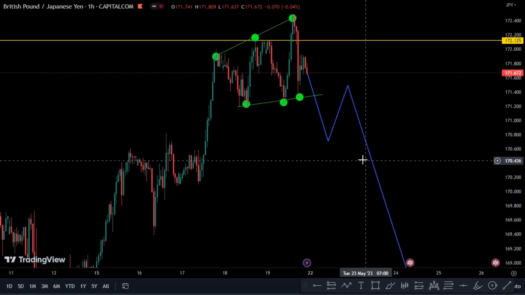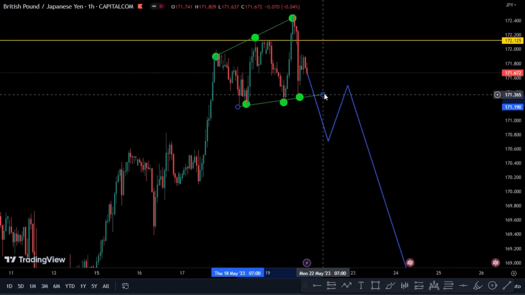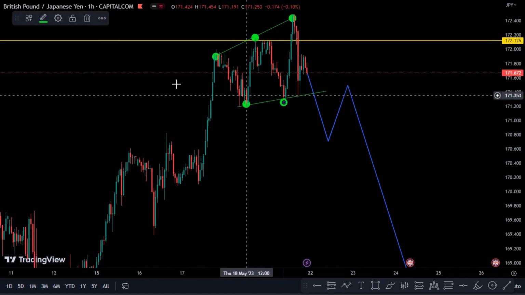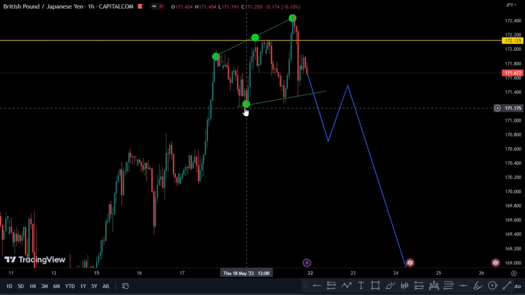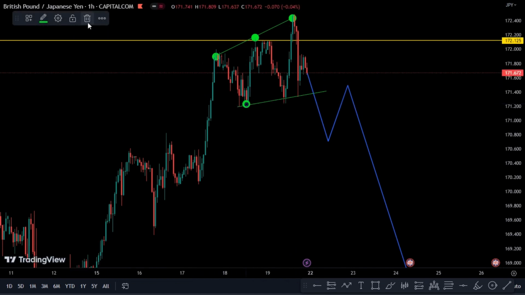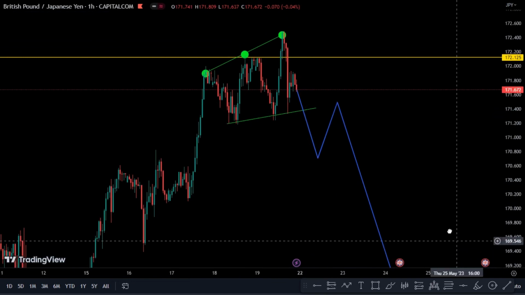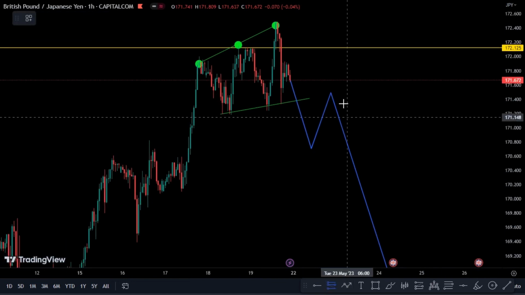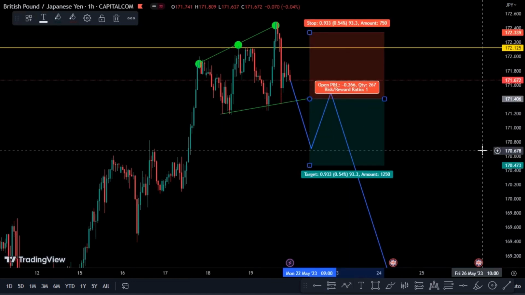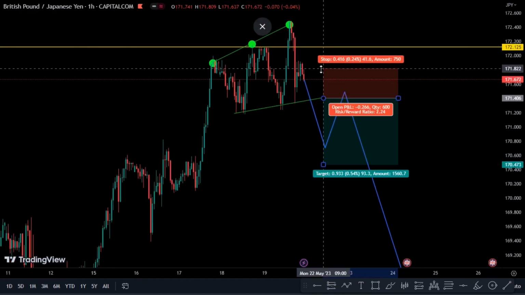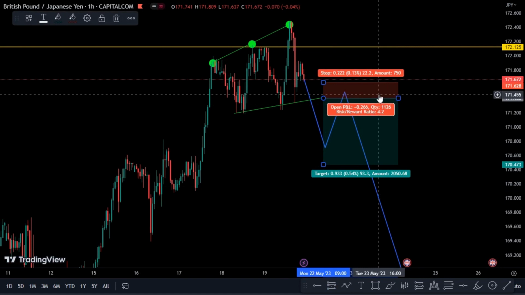Okay, so what we're going to do is wait for the break of this support structure, and once we find the break of the support structure, that is where we would anticipate an entry, and then our stop loss will be adjusted accordingly.